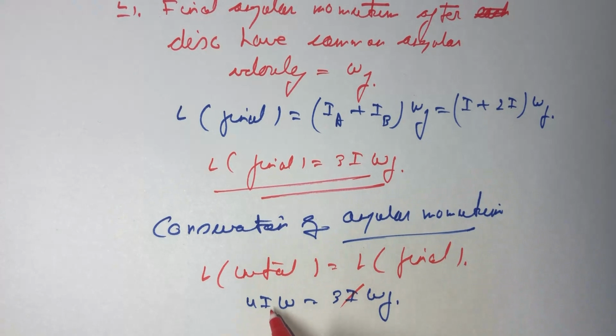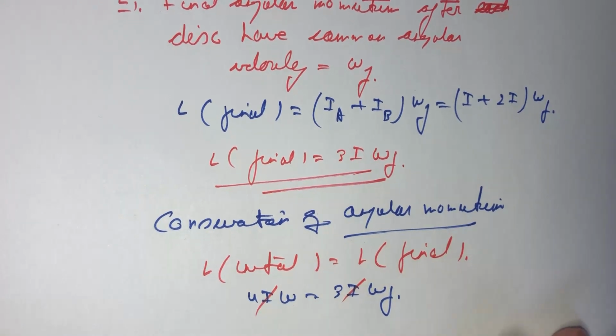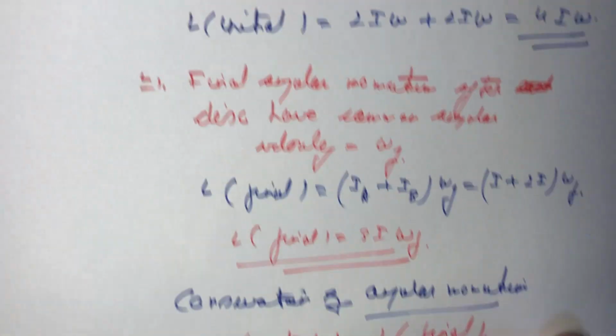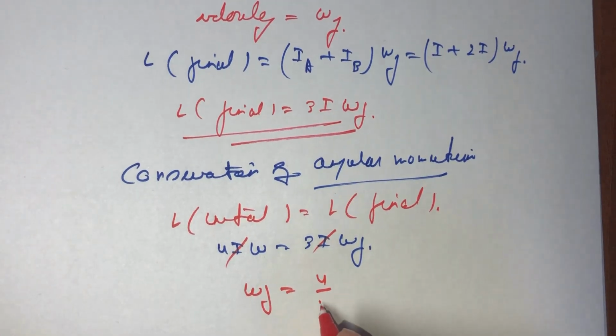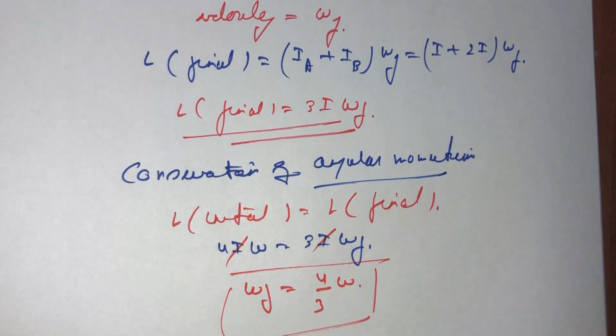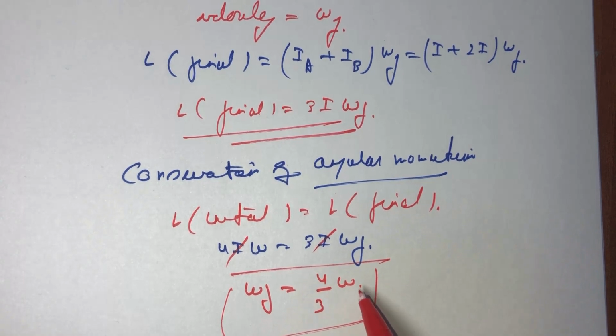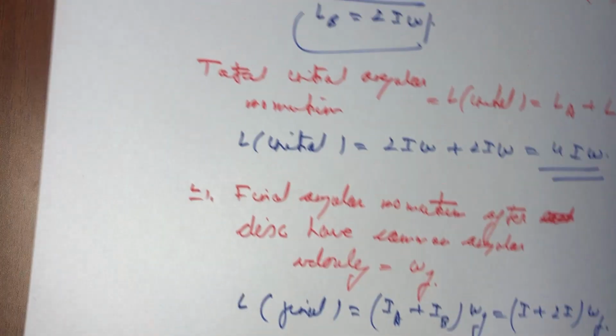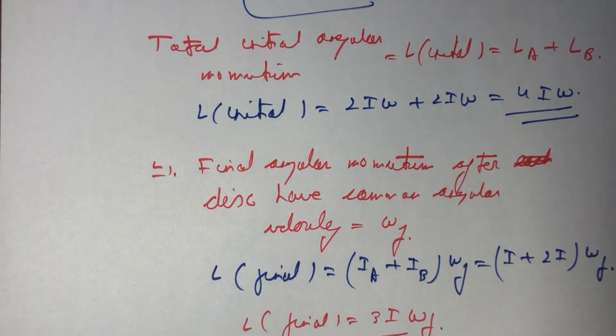So here I cancels with I. So therefore we can write that our omega f is equal to 4 by 3 omega. So this is the relationship between the individual angular velocity and the final angular velocity when they are rotating with the common angular velocity, that is omega f.